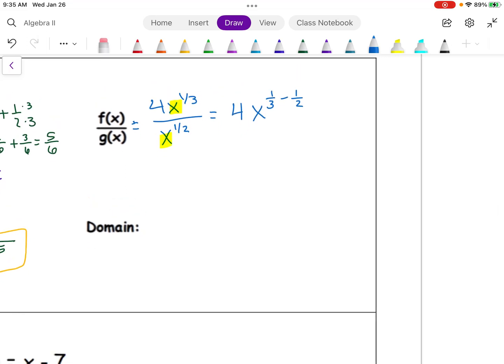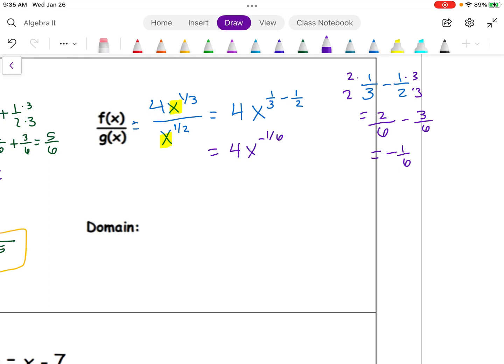Again, these aren't like terms, they don't have a common denominator, so we need to make a common denominator. So I'm going to multiply by 2, multiply by 3, which gives us 2/6 minus 3/6, which is negative 1/6. So now we have 4 times x to the negative 1/6.